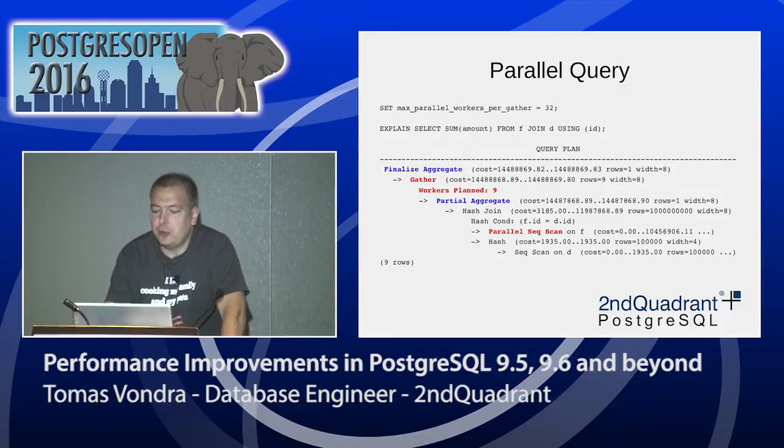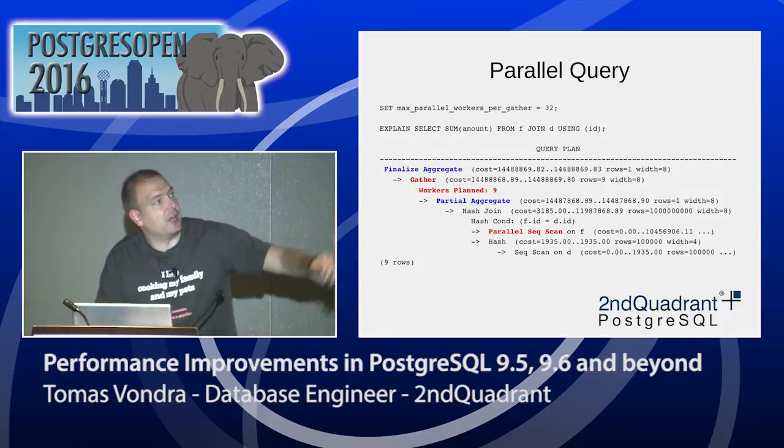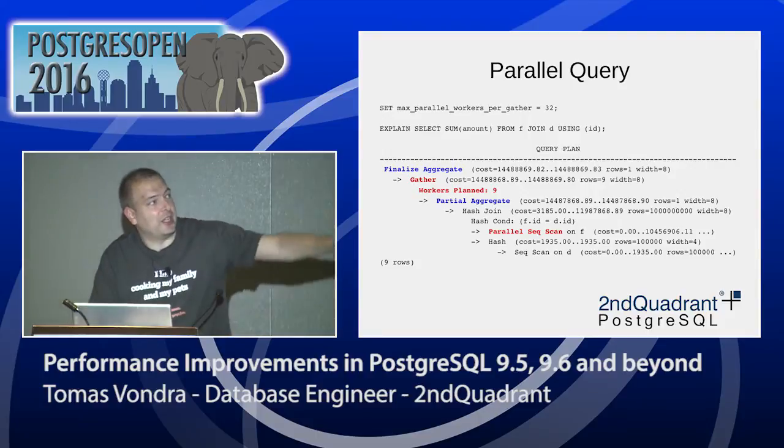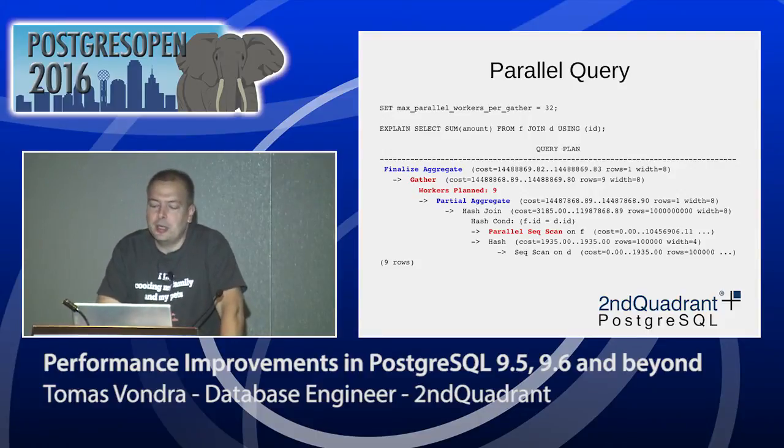And once you enable the parallel query, which in this case is done by setting max parallel workers per gather, I've been really, really lazy, so I just set that to 32, which is fairly high.